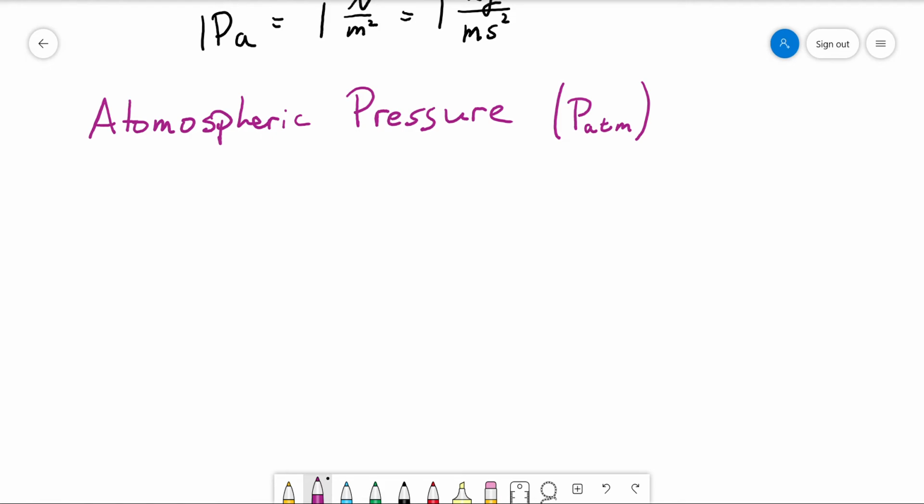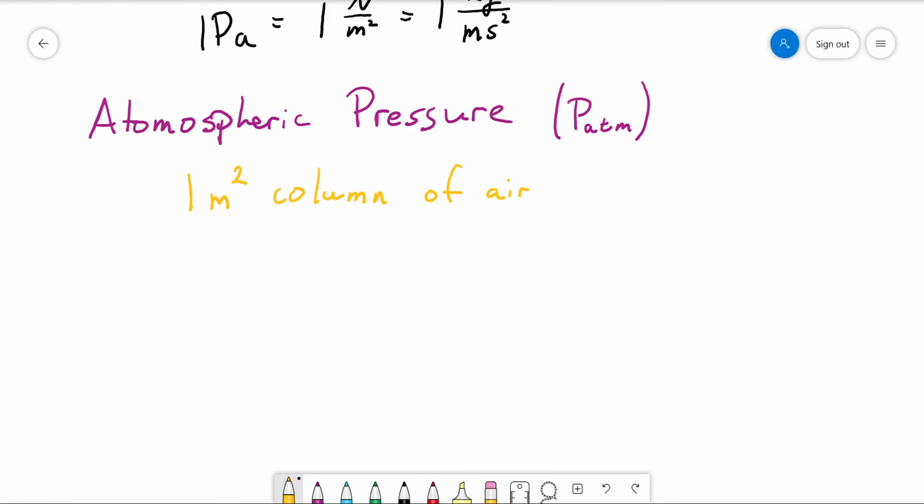All right, but a 1 meter squared column of air. And what I mean by a column of air is from sea level, which is the normal place we measure it from, all the way up to the top of the atmosphere. 1 meter squared, that's about 3 feet by 3 feet.